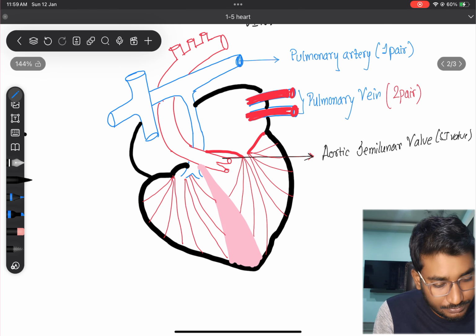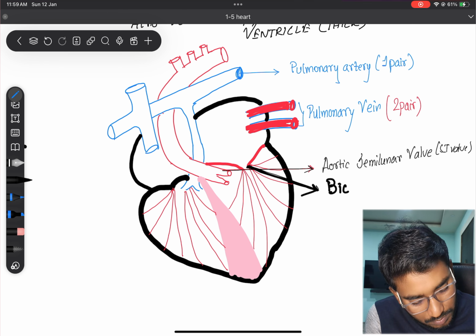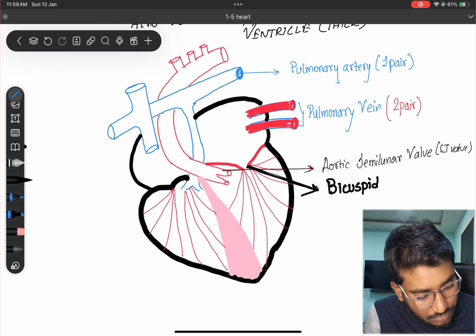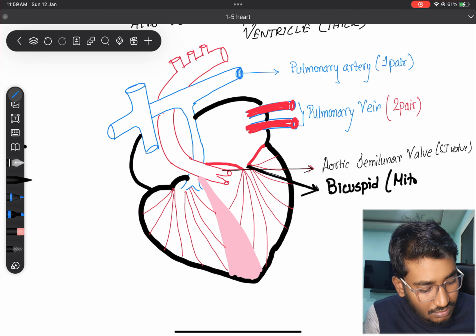This is the bicuspid valve, another name is mitral valve.